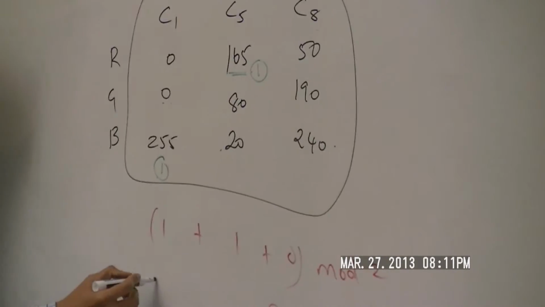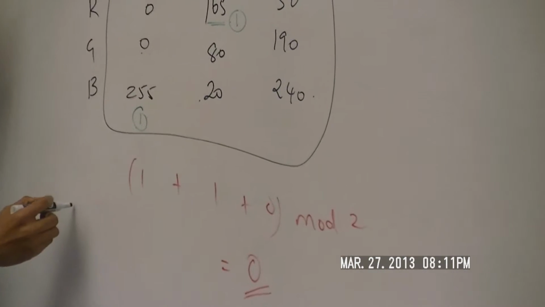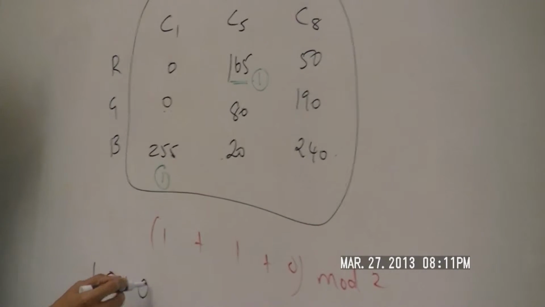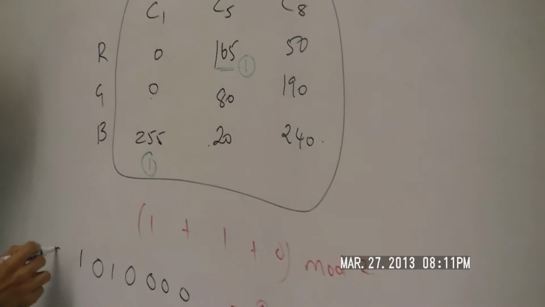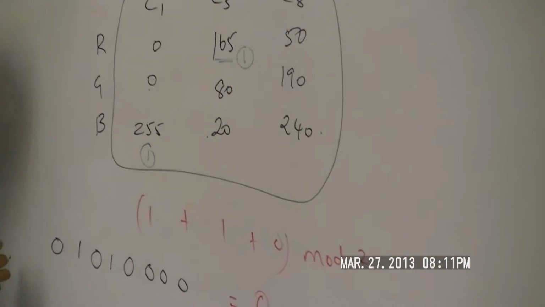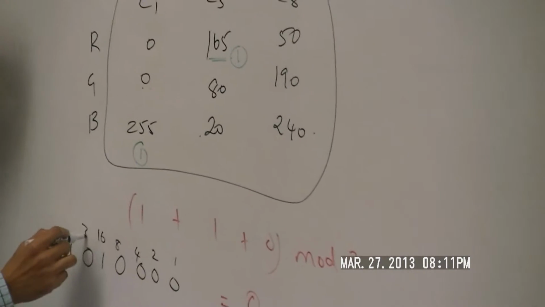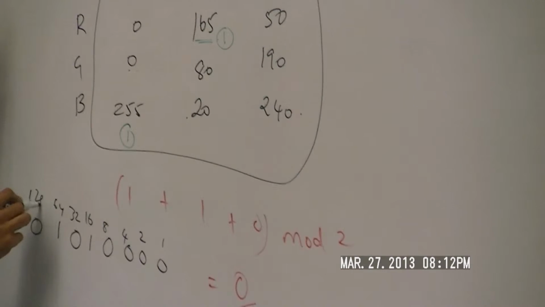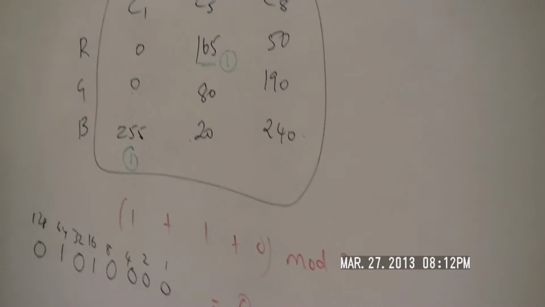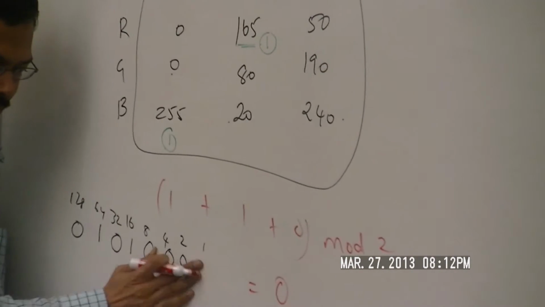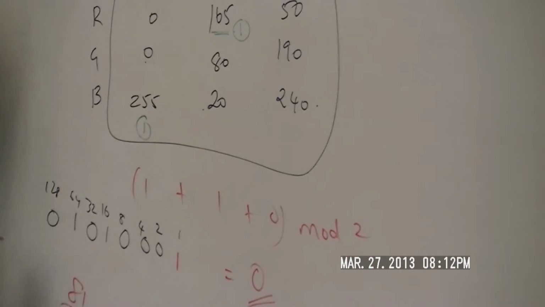If I write 80 in binary, it is 64, then 32 is 0, then 16, and then 8, 4, 2, 1, right? This is 80. So this is my least significant bit. That is of weight 1, right? So if I change this to 1, I'm going to increase the value. I'm increasing from 0 to 1.